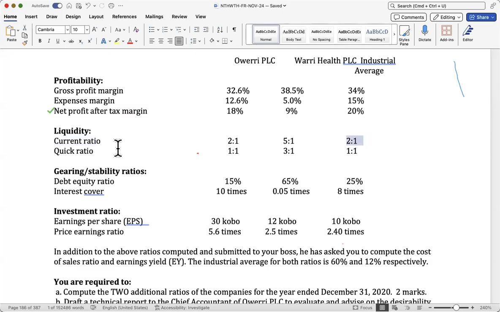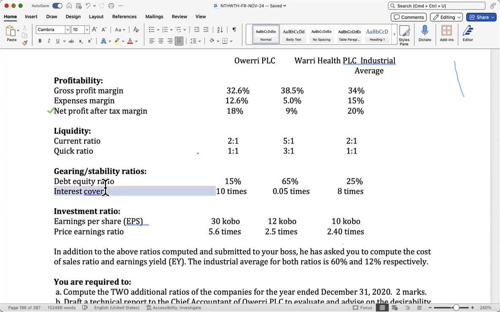You do the same thing for quick ratio, it's doing better than the industry. You do the same thing for debt to equity ratio. This company is highly geared. For debt equity ratio, highly geared points will be 100% and above, but it has more debt than the industry. Having too much debt exposes you to financial risk.